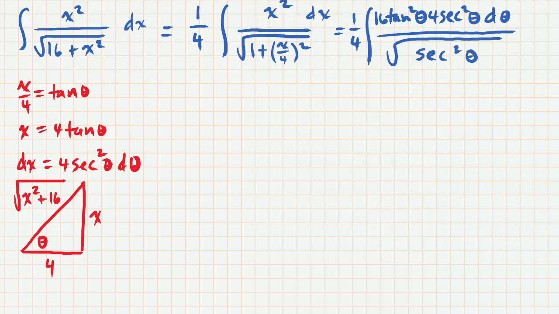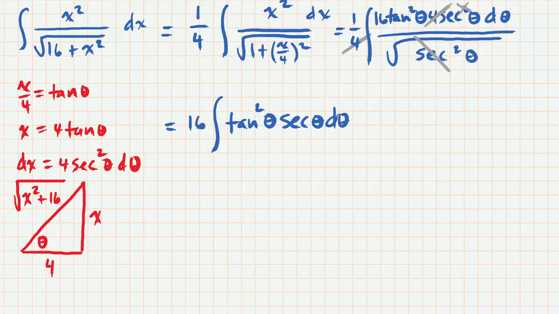Some simplification, we see the 4's cancel, and that leaves us with, in front, a 16, and then the integral symbol. And also notice that square root of secant squared is secant, and that's going to take away one of those secants in the numerator, leaving us with tangent squared theta multiplied by secant of theta, d theta.